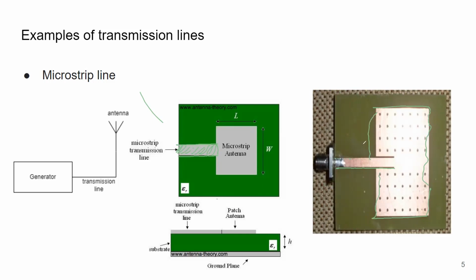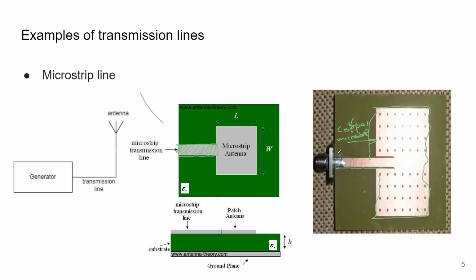We create it using copper, a copper microstrip fabricated onto a PCB board. Copper or some other material can be used to create this antenna by just fabricating it onto a PCB board.